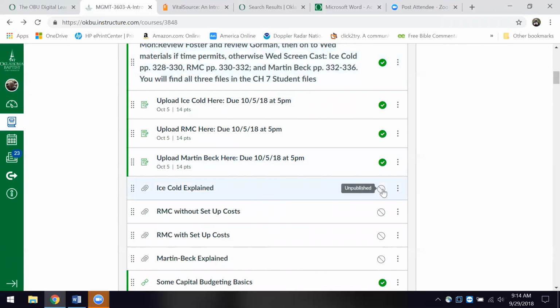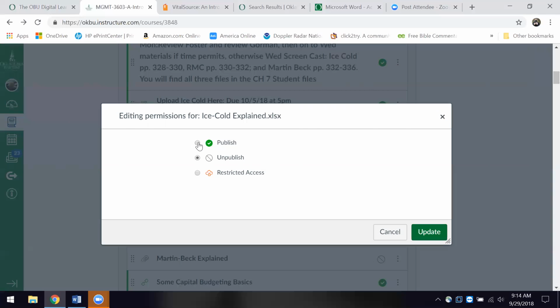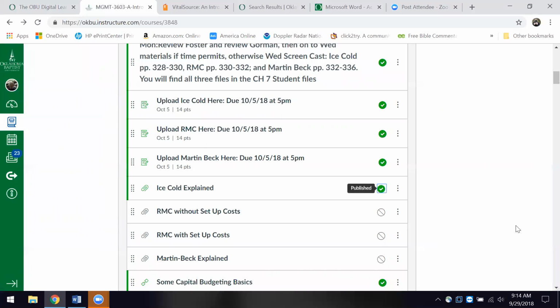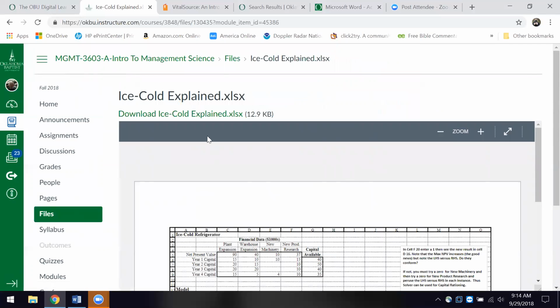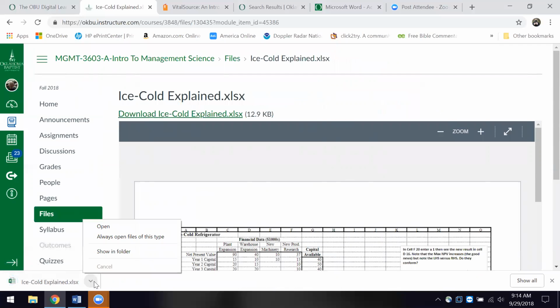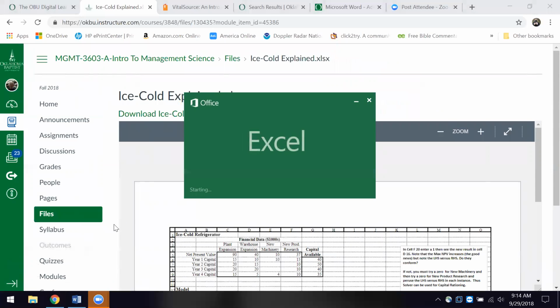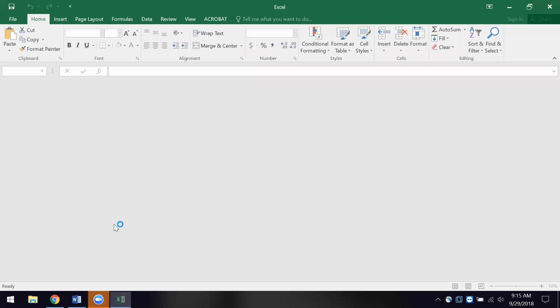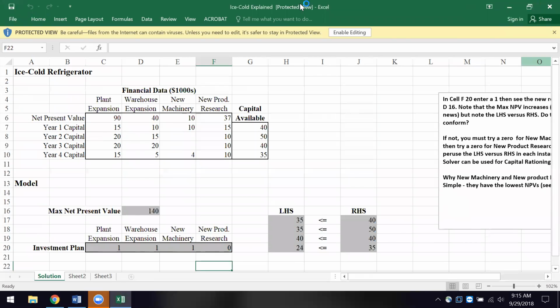I'm going to make Ice Cold Explain published, and it relates to the Ice Cold case. So let's download it. I'm going to download the Ice Cold Explain file, and this is what you'll upload for your workshop credit. You'll want to go through the standard thing of saving it to your desktop and then uploading it.